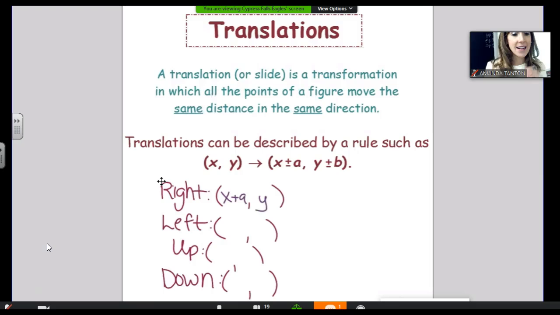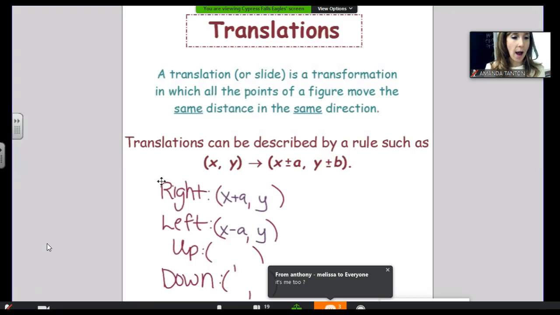So go ahead and write that as your rule under translations for right. If we're going left, we're affecting the x as well, but we are subtracting from the x. So if we want to travel left, we've got x minus a, comma, y. Once again, we're not doing anything to the y.